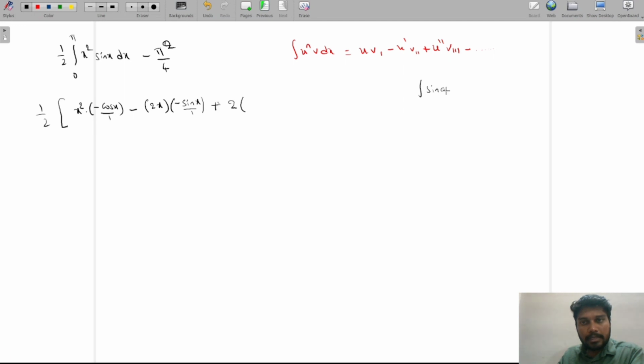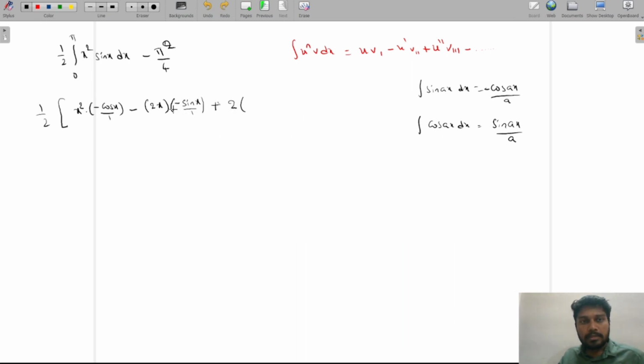integration of sin ax dx equal to minus cos ax by a, and integration of cos ax dx equal to plus sin ax by a, right? So here I'm doing integration 3 times. Yes, I already did 2 times here, I'm doing one more time.